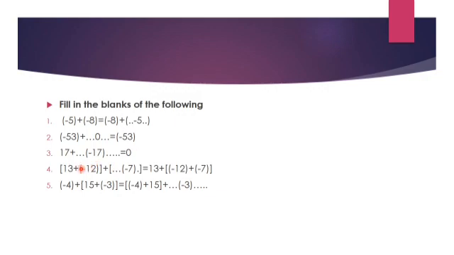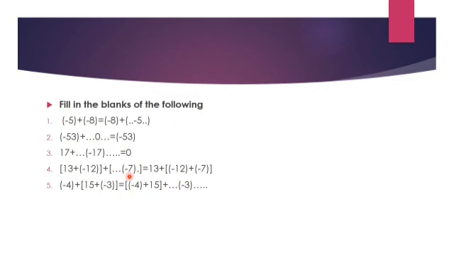And the fourth one, 13 plus minus 12 plus an unknown number. On the right hand side, 13 plus minus 12 plus minus 7. Which property do we use in this case? Associativity property.